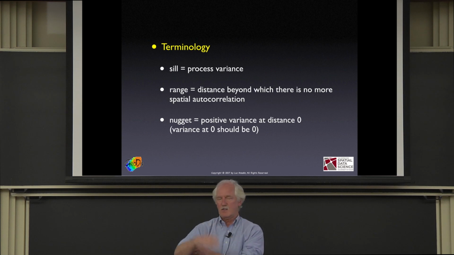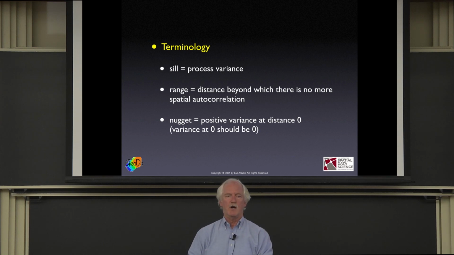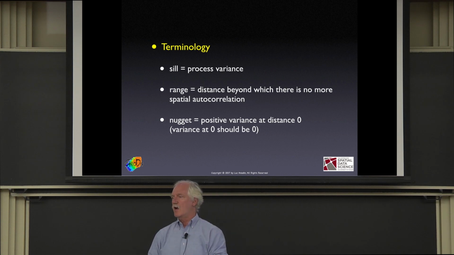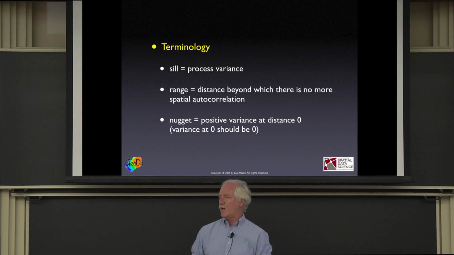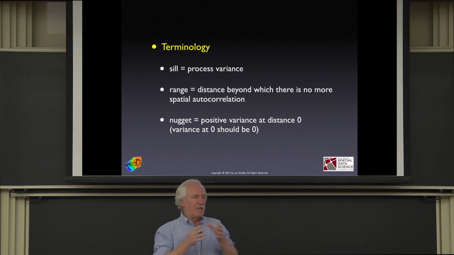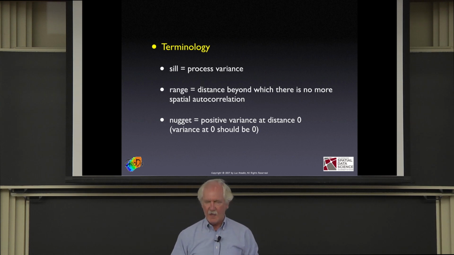Sill, which comes from mining, is another word for the variance of the process, the total variability in the process. And the nugget is totally bizarre. That is just a measurement error. That is, there should be no variance at distance 0, but in practice, because of lack of pairs at very small distances, there's always a little bit of a rounding error, and that's called the nugget.